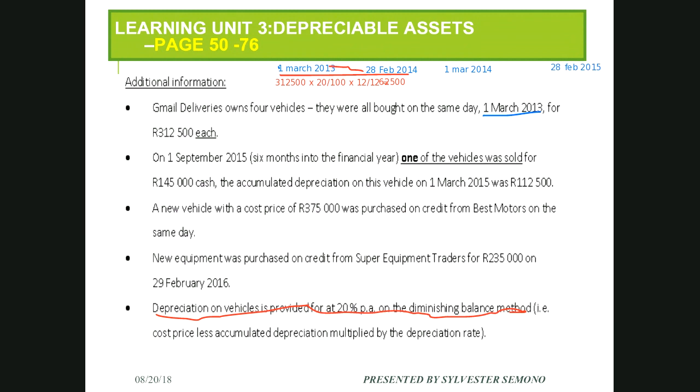So, let me change the color here. It's not another 62,500, because of the method. Let me underline this period. Who can try to calculate for us? Sorry, it disappeared.